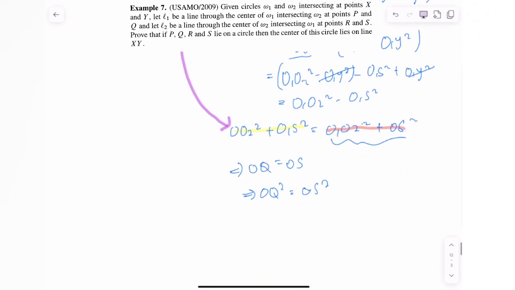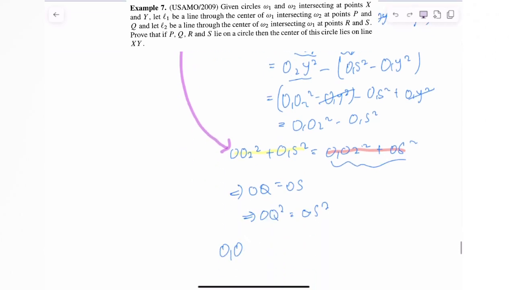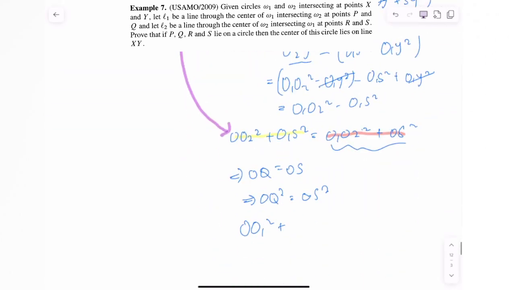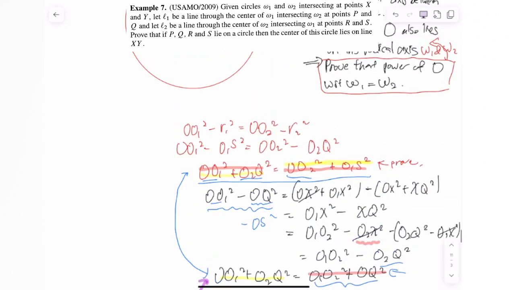So we have O1Q squared plus O2Q squared equals O1O2 squared plus O1S squared, which is what we wanted here.